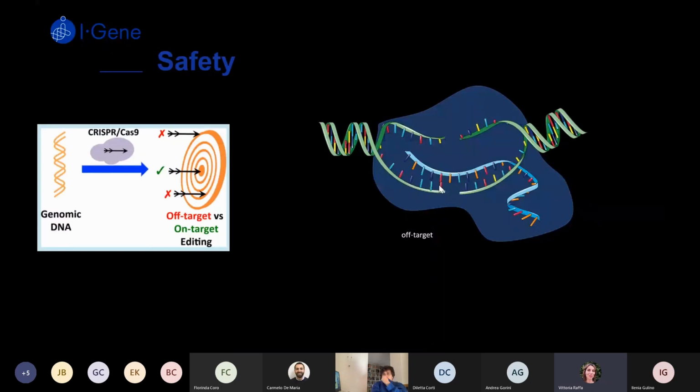I should say that the probability of an off-target event is very, very low compared to the probability of an on-target event. But even if low, it's not a null possibility. At some frequency this could happen, and if it happens, it's very dangerous for the patients receiving this treatment. So this is safety.